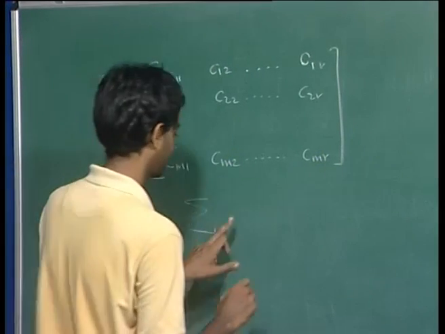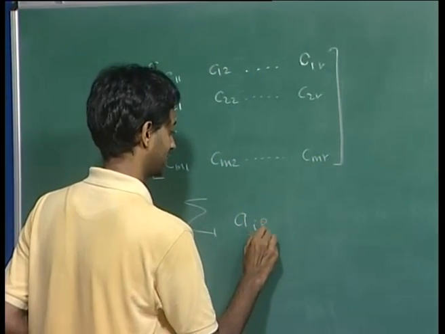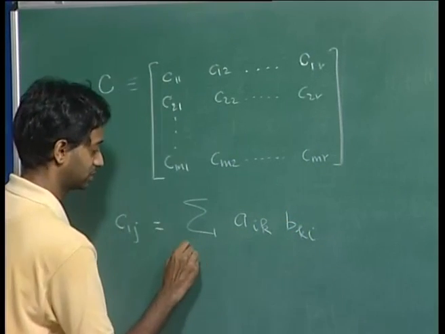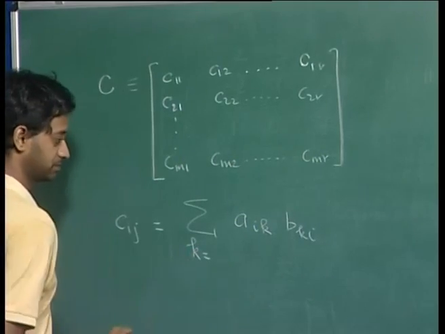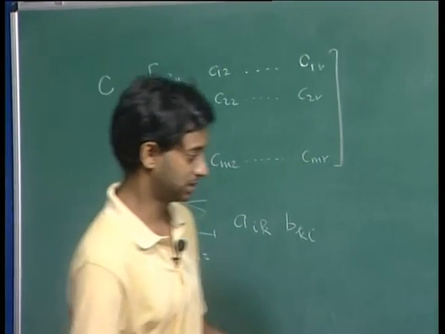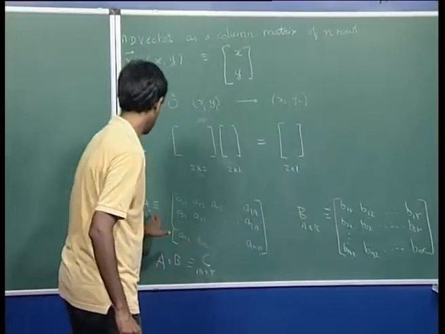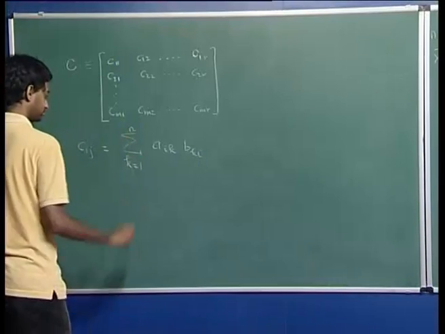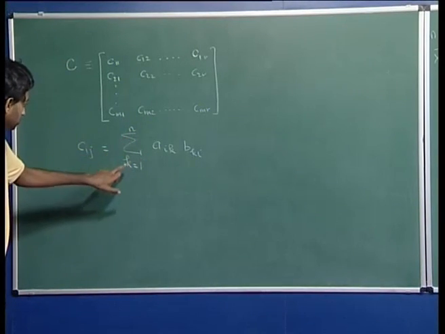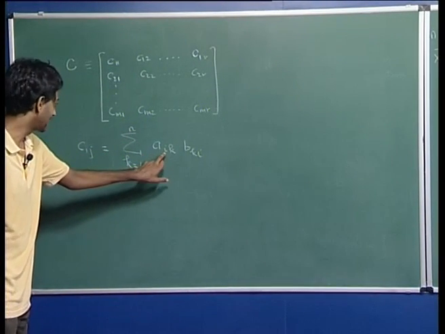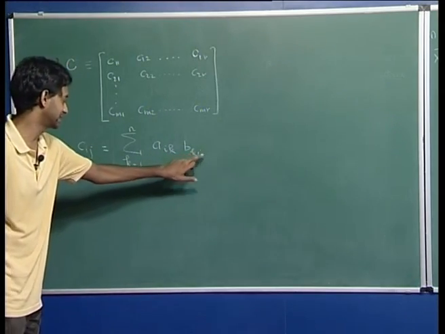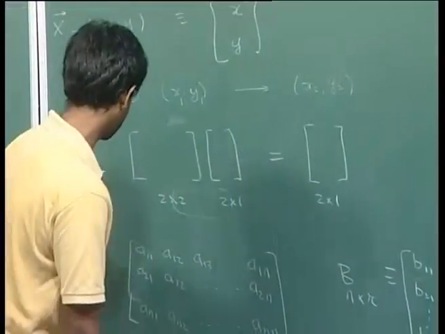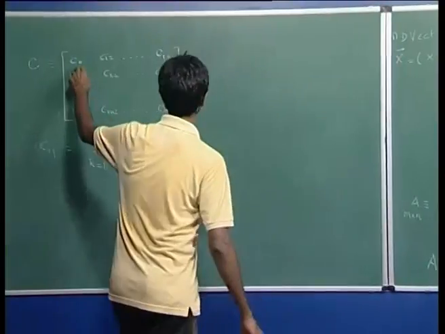sum over A i k B k j, sum over k equal to 1 to n, since A has n elements. Okay. So, you multiply the i k element with the B k j. So, suppose you are looking at the first element of C. Okay.